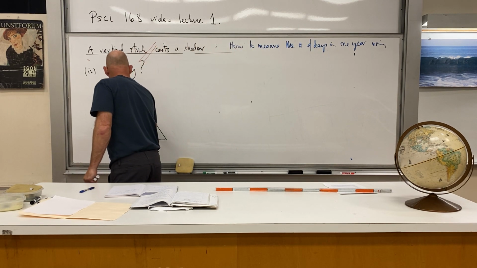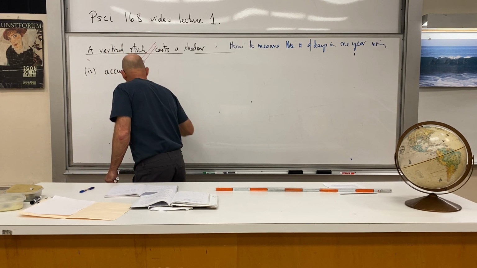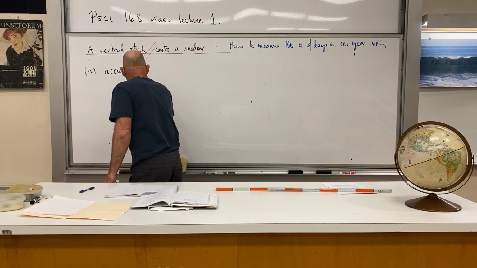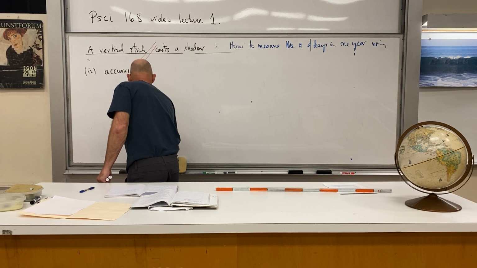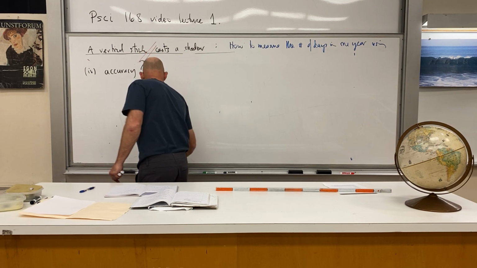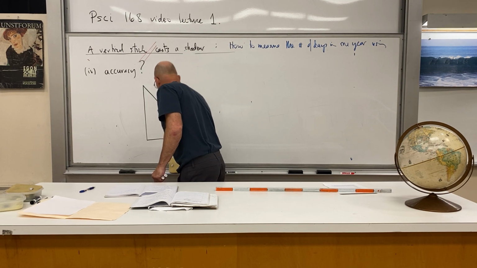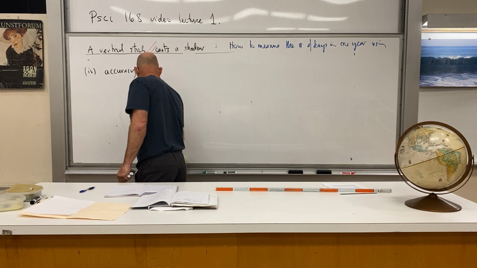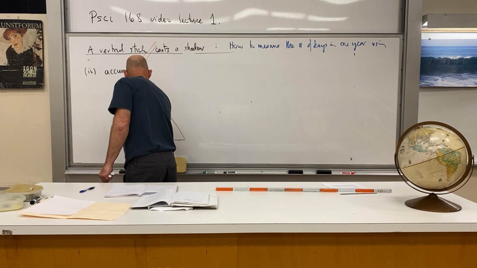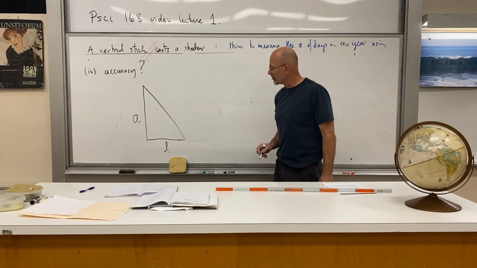So I'll just call this L for the length of, well actually I used L for the shadow. Once more, see I get a better picture here. Good, about the same. This was the length of the shadow, so that's L, and I'm just going to call this A here for the length of our ruler.